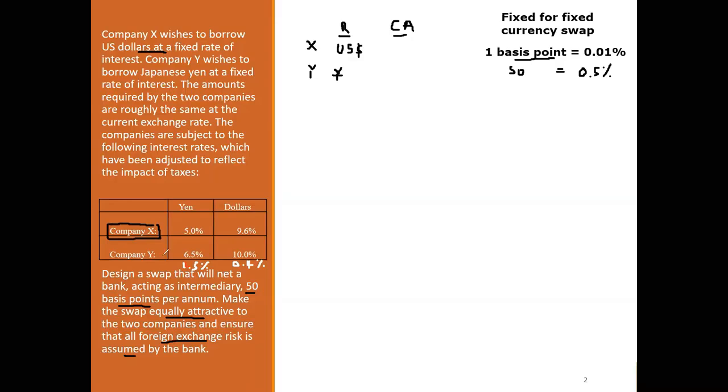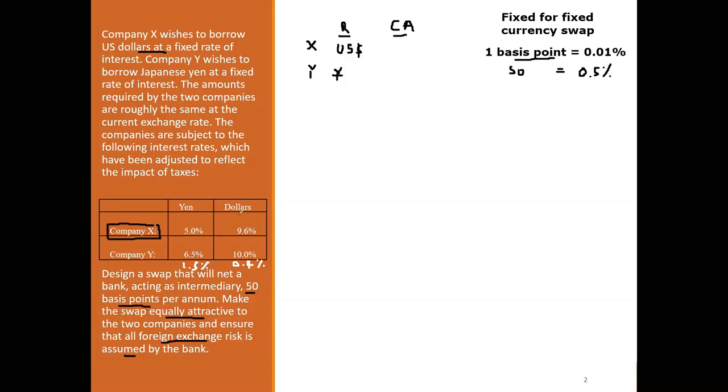So if you look at these interest rate differentials, this is a liability that we are looking at. When we are looking at a liability, always the lower the better. So yes, as you have mentioned, in the yen market, X is paying 1.5% less.